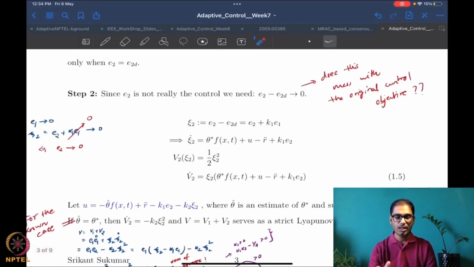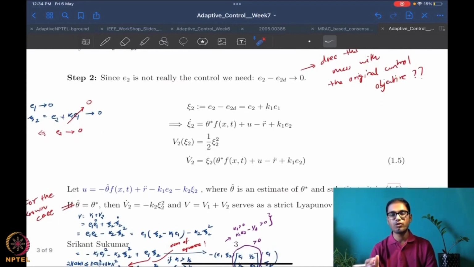Therefore a method like backstepping, which allows you to build Lyapunov functions piece by piece, is rather useful and might even be something that can be automated.